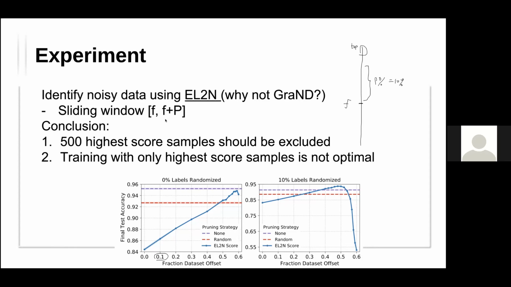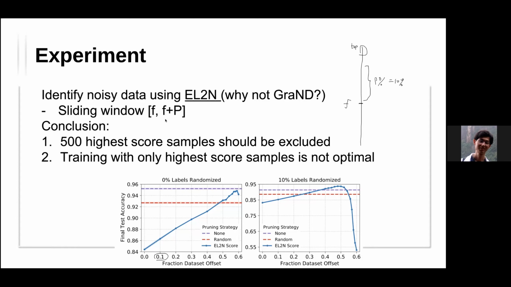So this is the task. And now we talk about experiment design. Why is there a sliding window, why do we set a base F and the P, and why don't we just remove the first 10% or first 20% of the most important data and observe the test accuracy? I think that is more straightforward.